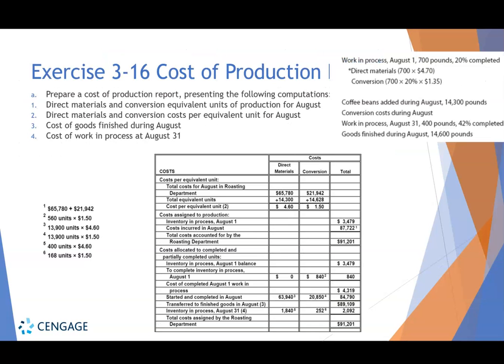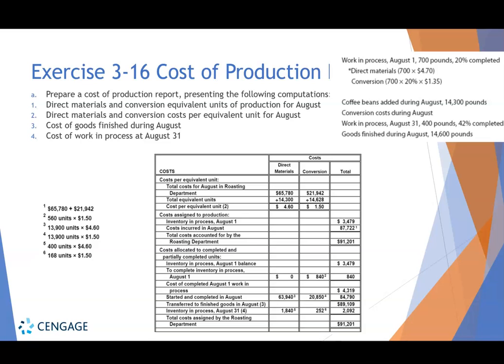Now, preparing a cost of production report, we have to show the direct materials for August in roasting was 65,780.